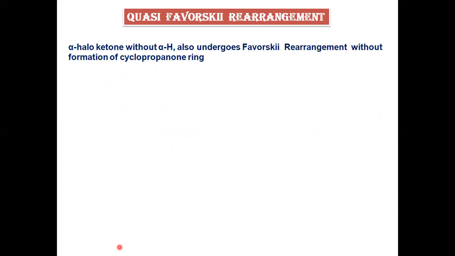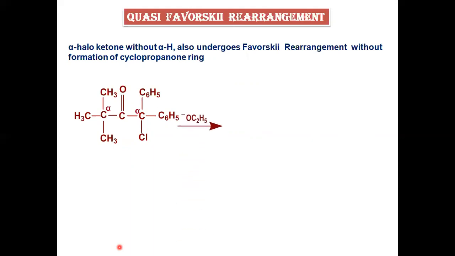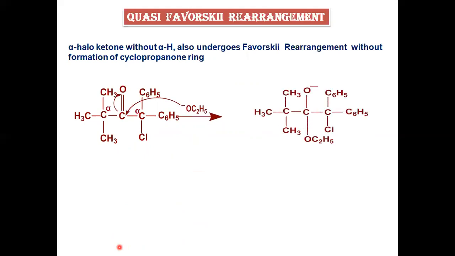Now there are two main variations of the Favorskii rearrangement. First is the quasi-Favorskii rearrangement. If the alpha-haloketone does not have enolizable hydrogen, then the quasi-Favorskii rearrangement is operative. In it, there is no formation of a cyclopropanone ring because alpha hydrogen is absent. The base attacks the electrophilic carbonyl carbon and forms an oxyanion.